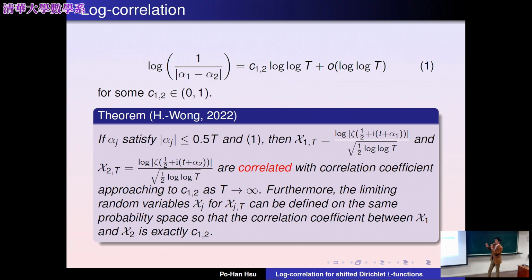And amazingly, that correlation of the limiting bivariate normal is exactly this quantity.